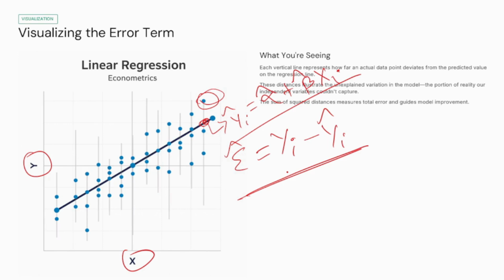Okay, we are able to estimate only yi hat amount of the variation, it is called the explained value, and epsilon hat is the error term which is not explained by our estimated model.